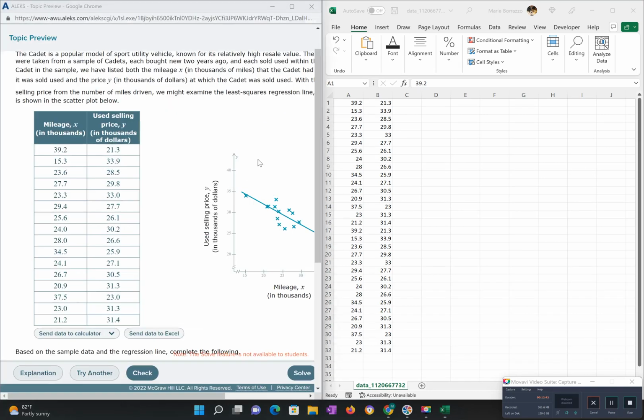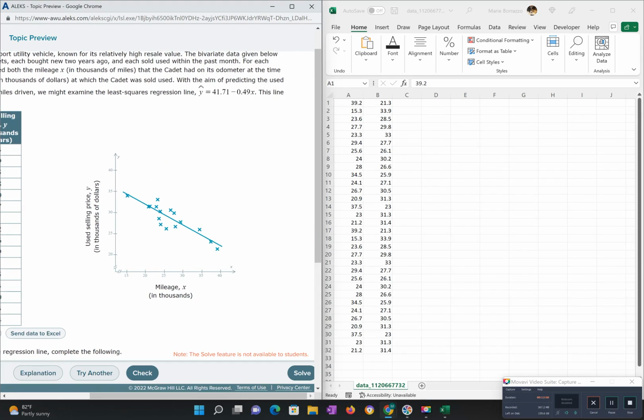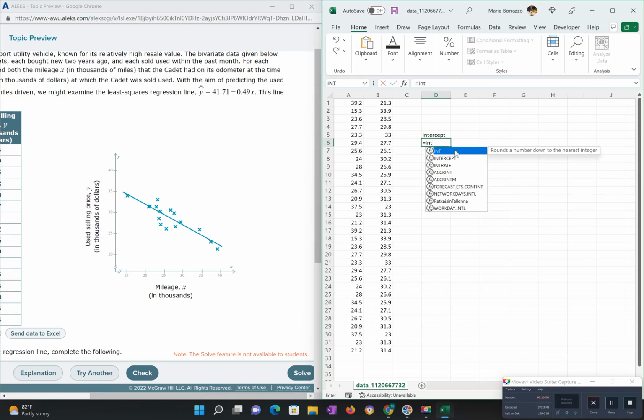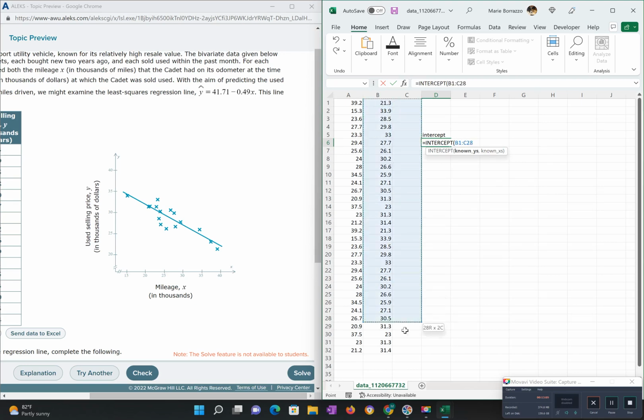All right, there's nothing here that you couldn't do with your own. If you want to try it, check it out. See how that's 4171? So if I go intercept, I'll go equals INT. There's my intercept. And it's asking me for the known y's, comma.